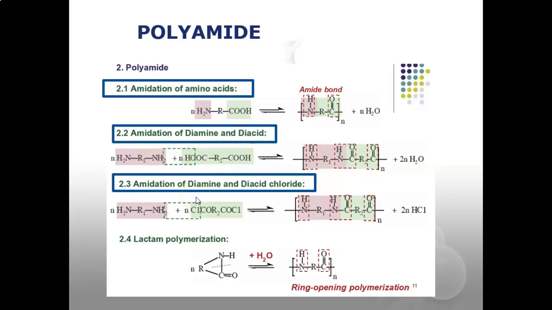And amidation of triamine and diacid chloride involves the two amine structures and diacid together with chloride functional group. And this one is the latent polymerization, also attached at the end of the structure here is NH, amine structure.